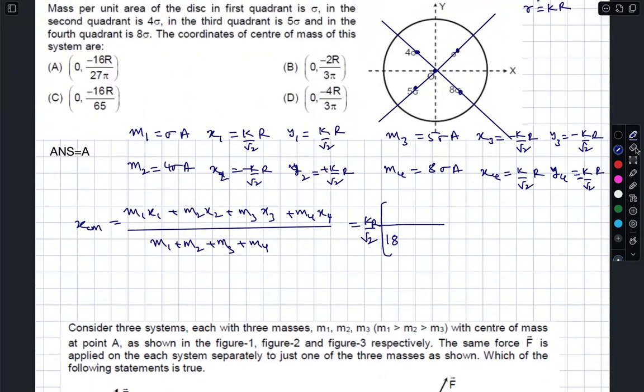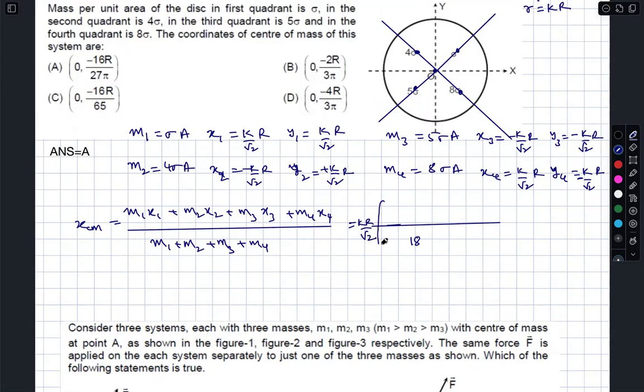Now in this, if you take numerator and denominator, sigma A terms will come common, so I'll eliminate all. Finally 1, 4, 5, 8, so totally this is 18 in the denominator. Even KR by root 2 is also common everywhere.